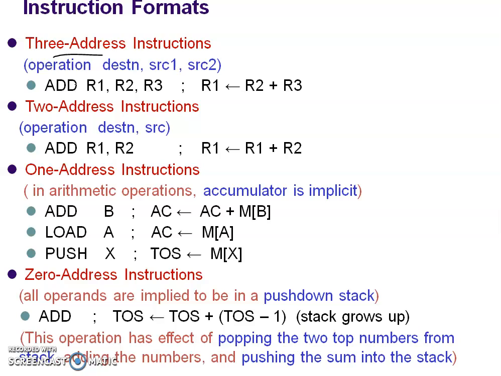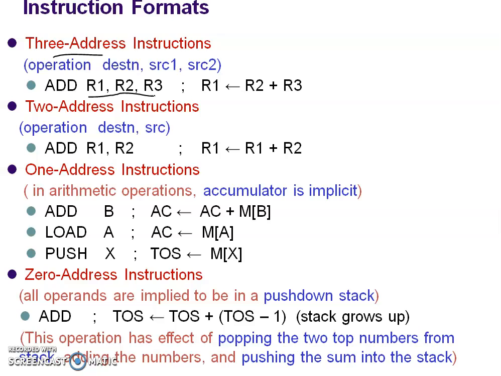So from the term itself, if there are 3 addresses to be fetched from 3 operand fields, it means that it is a 3 address instruction. So in such cases you have to access the data from the memory.